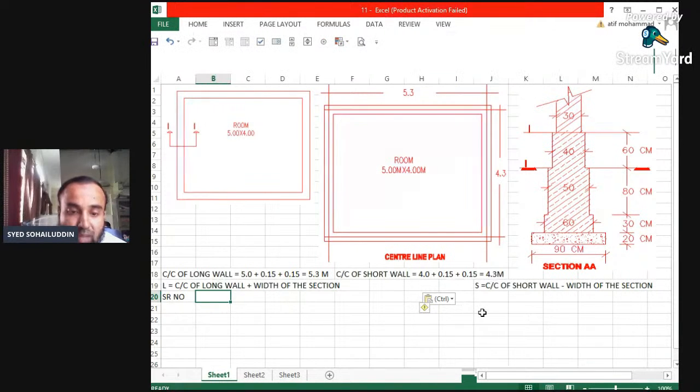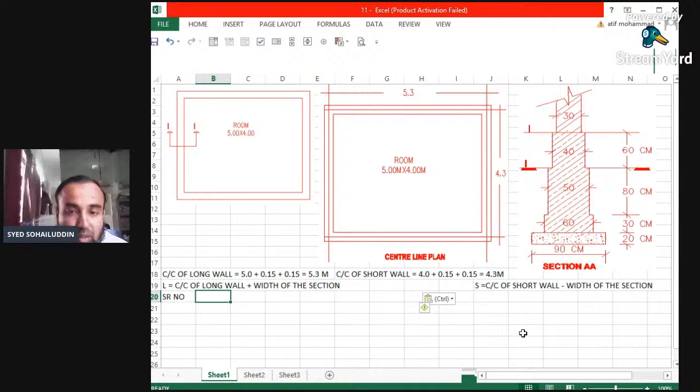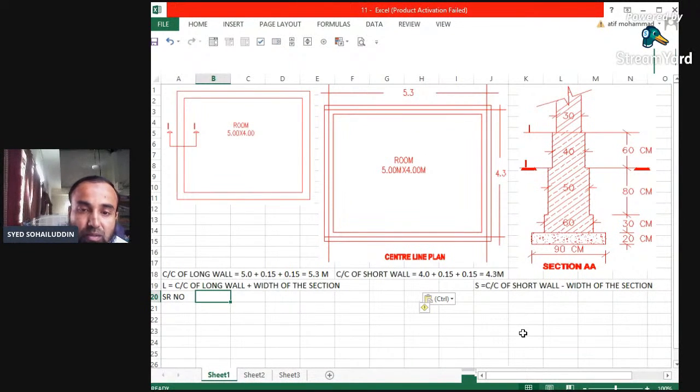We will have the multiplication for this: number, C21 multiplied by D21, again multiplied by E21, again multiplied by F21.